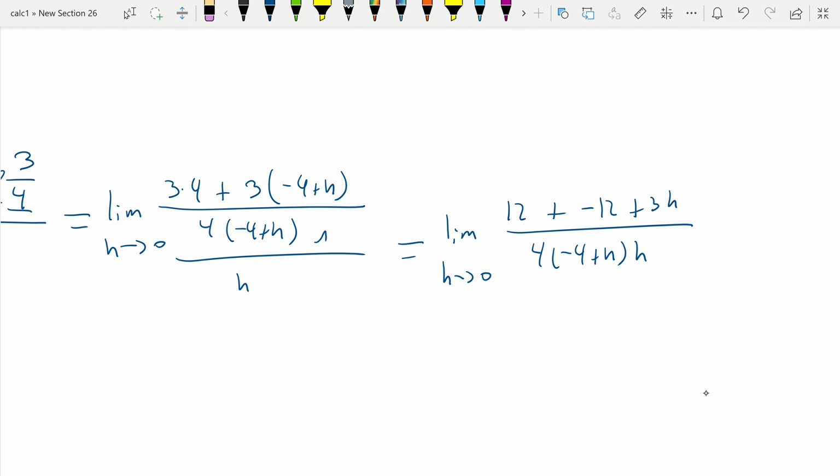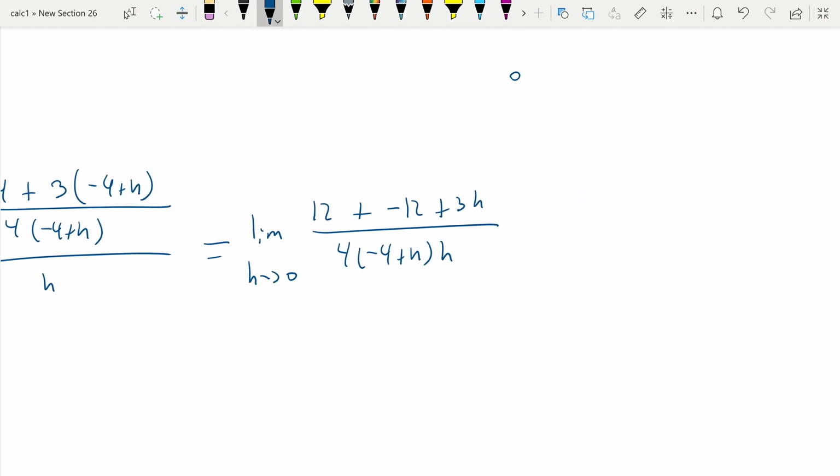And remember, we used that rule last time: if we have a over b divided by c, this is the same as a over b times 1 over c. And in general, a over b divided by c over d is a over b times d over c. This is the only thing we've used here.